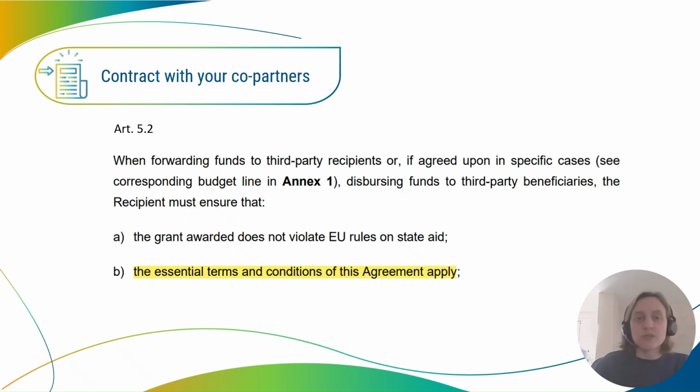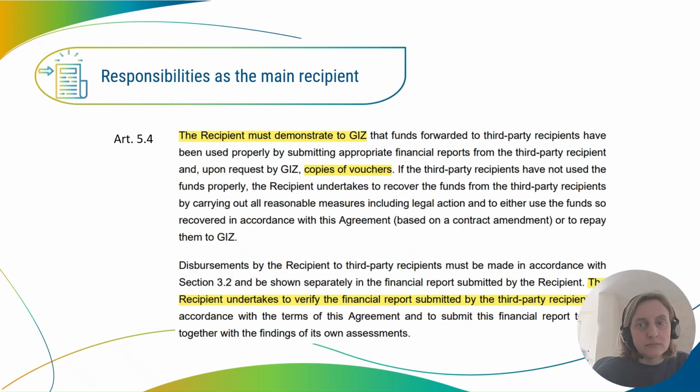Next up is responsibility as a main recipient. As the sole contracting party with GIZ, you as a main recipient are ultimately responsible for making sure that the project is being implemented properly by all partners. This means you should always review their financial reports before sending anything to us.